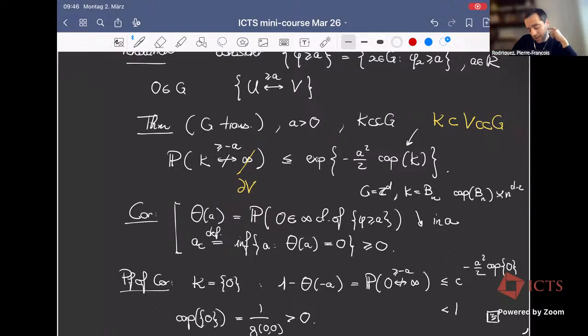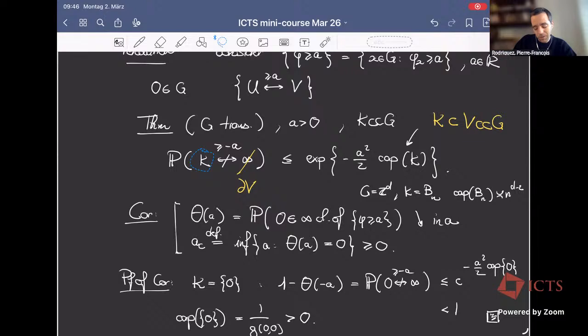And you can actually show that this upper bound, not its dependence on a, but its dependence on n when you take K to be a large box, is actually sharp on Z^d.